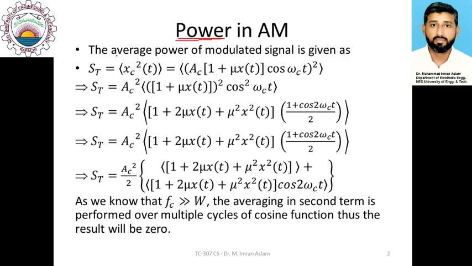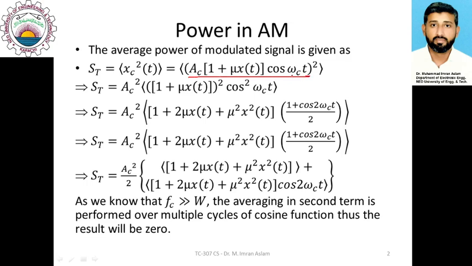So the average power of the modulated signal is given by this relationship. S(t) is equal to xc represents the modulated waveform, so xc square is the power, and this bracket here denotes the average, so we are actually calculating the average power. So average power is actually the power contained within this AM waveform.